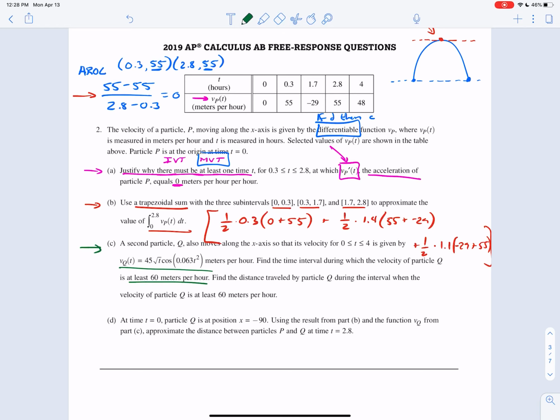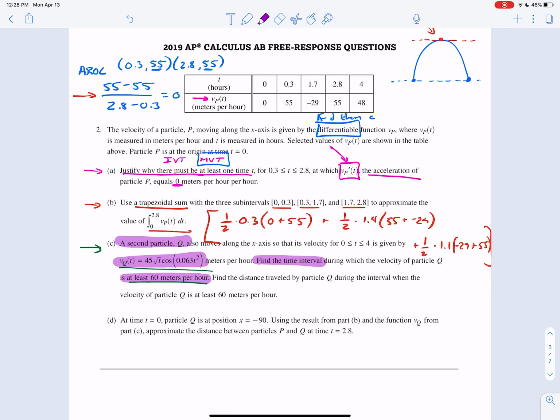Find the distance traveled by particle Q during the interval when the velocity is at least 60 meters per hour. So there's two parts to this question, okay? You have this particle Q. Okay? They give us its velocity. And they're telling you, well, from when to when will the particle be at least 60 meters per hour, okay?